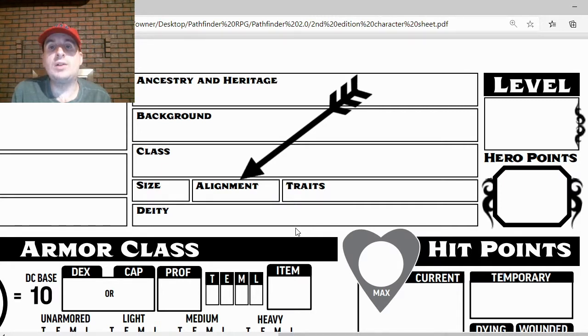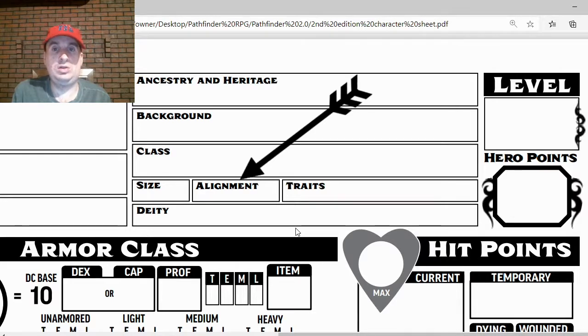You don't really have a code of conduct, so if you think it's right, you're going to do it. Lawful good, on the other hand, has a code of conduct. They won't do certain things even if it is for the greater good, because it's against their code of conduct.